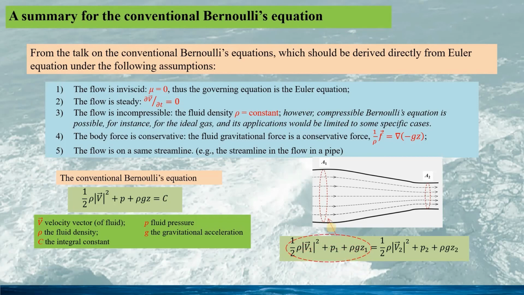Here, subscript 1 means the parameters at section A1, and subscript 2 means the parameters at section A2. With this Bernoulli's equation, we can build the relation between the fluid velocity and the fluid pressure. We will see some examples of this application.